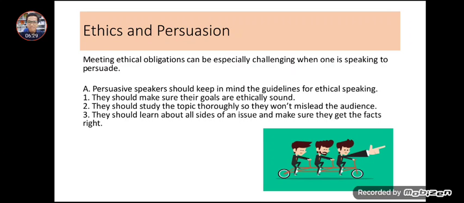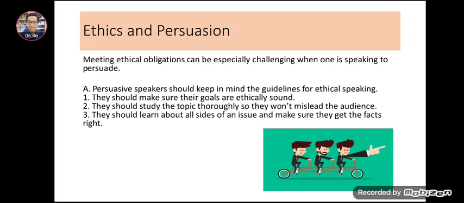Number two, a public speaker should study the topic thoroughly before they deliver his or her speech, so that the speaker won't mislead the audience with wrong information, with wrong facts, and so on.